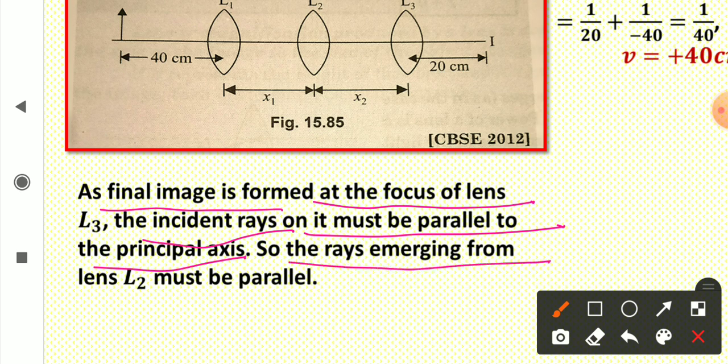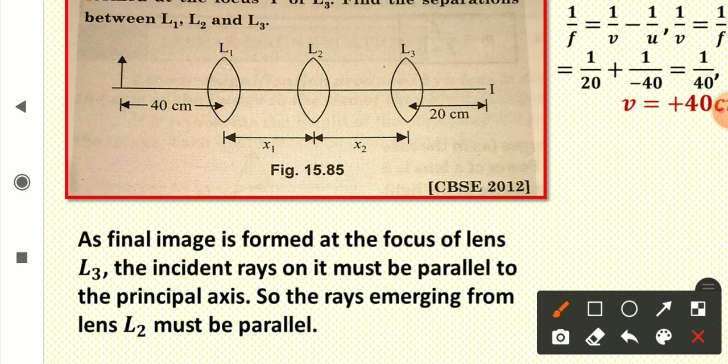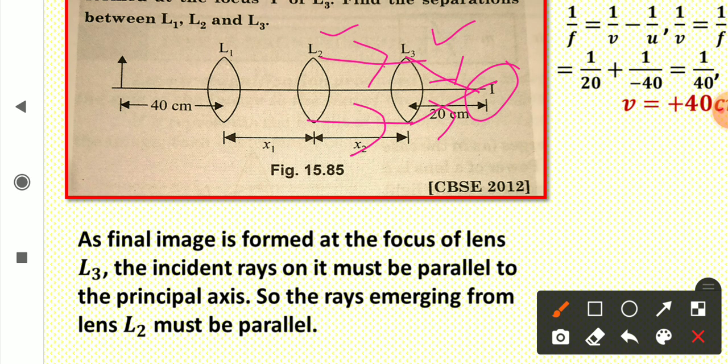So the rays emerging from L2 must be parallel, so that after leaving L3 they reach at the focus.